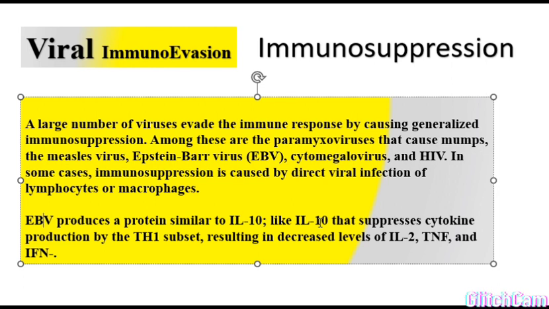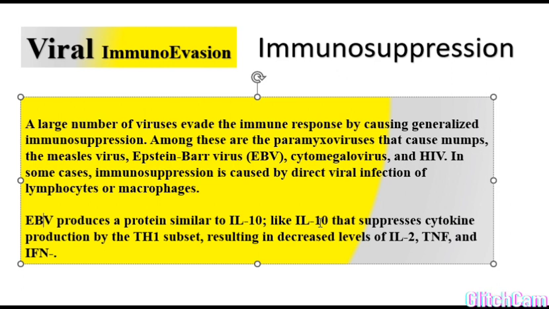And as you know that IL-10 has the capacity to inhibit macrophages, and macrophages are very important because they produce pro-inflammatory cytokines like tumor necrosis factor alpha, interleukin number 1, and also interleukin number 12, which is very important for activation of T helper 1.